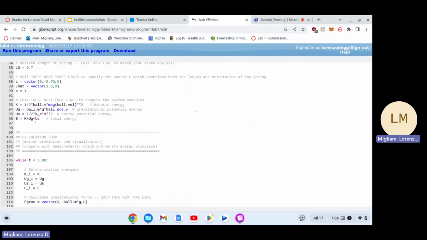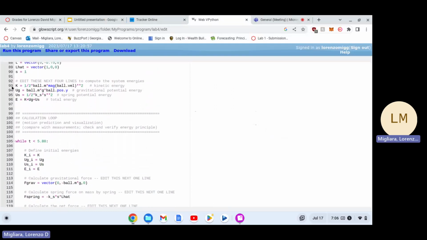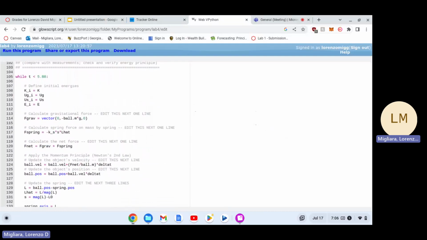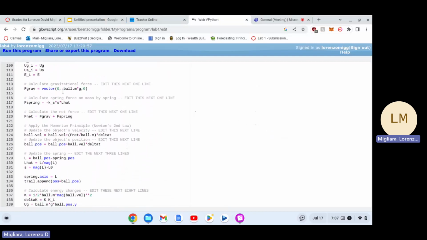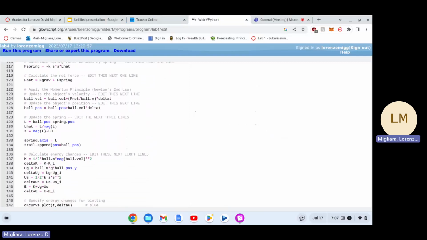You had to add the formulas for the different potential and kinetic energies and total energy. We defined initial energies. We've got the force of gravity on the ball, m times g, using g as gravity, times the mass of the object. This is your spring formula. This is net force. These are all things that you can recognize here.